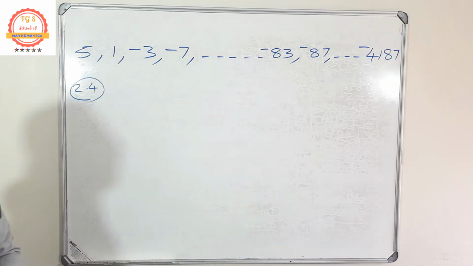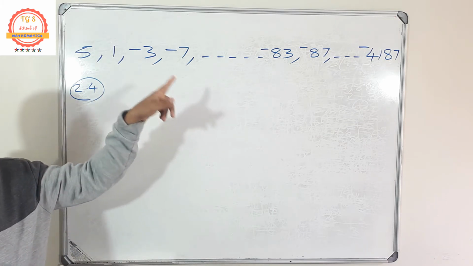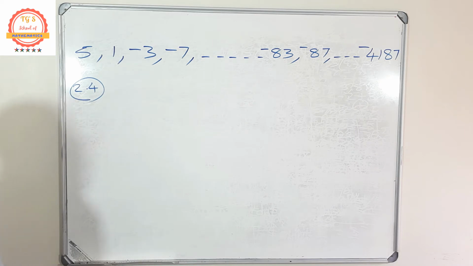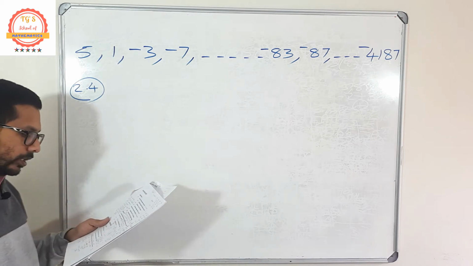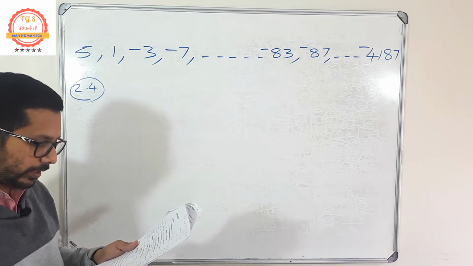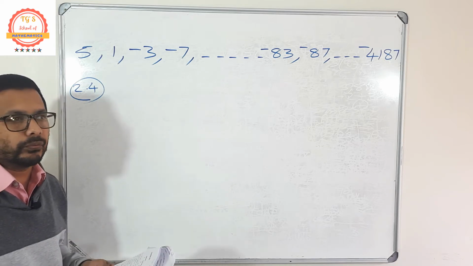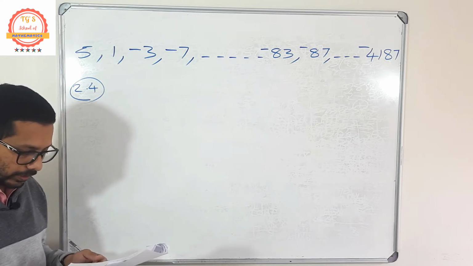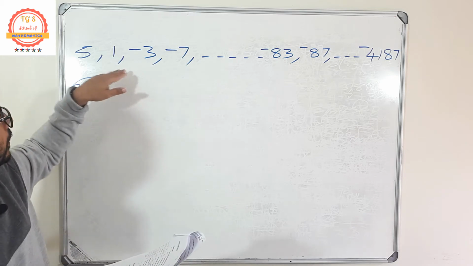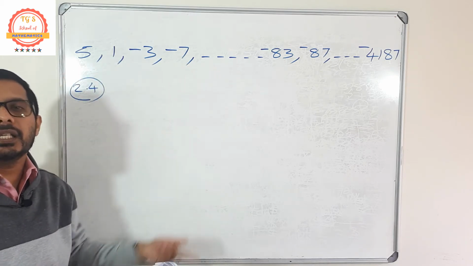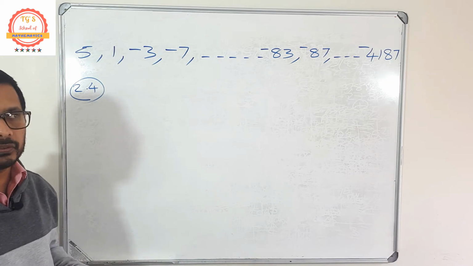So that sequence is again after minus 87, it is again continuing up to minus 4187. Okay, so what is the question? Determine the number of terms in this sequence that will be exactly divisible by 5. You have to find how many terms are in this sequence that are exactly divisible by 5.